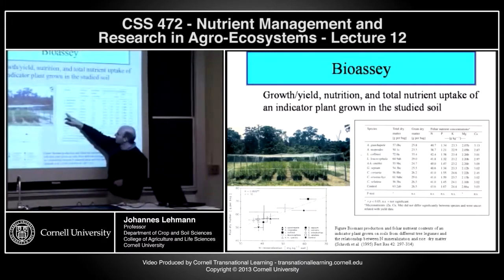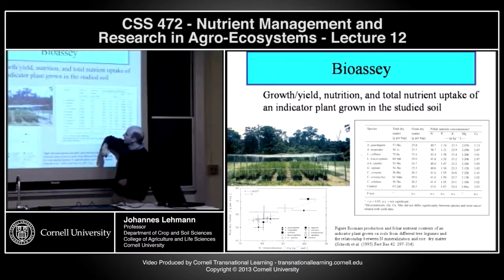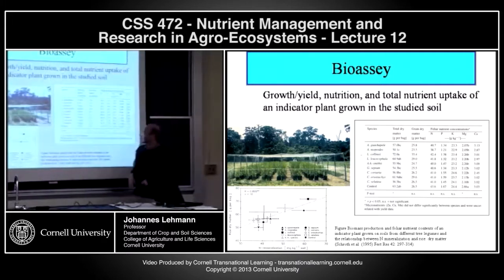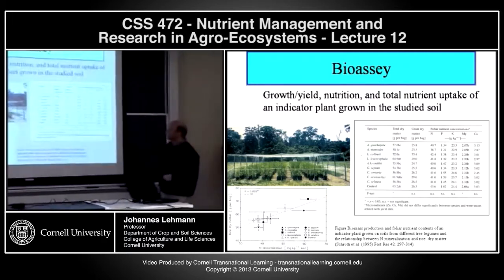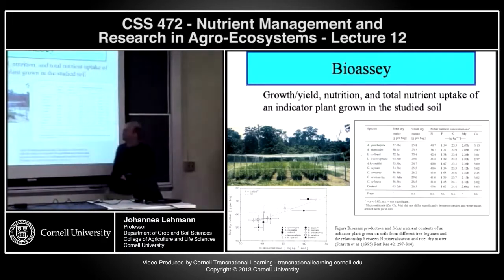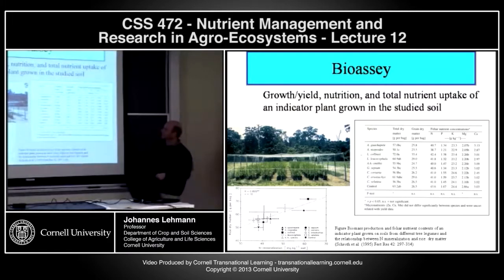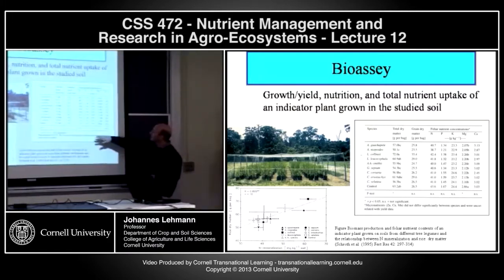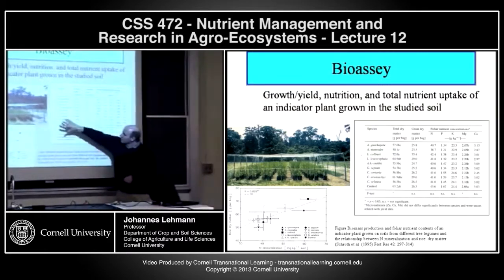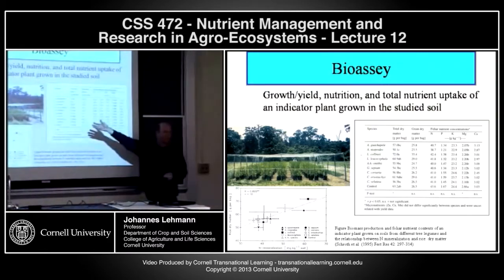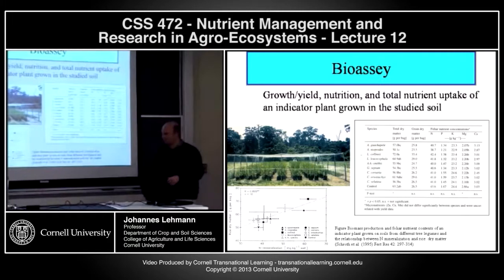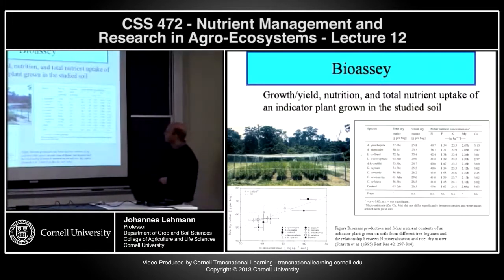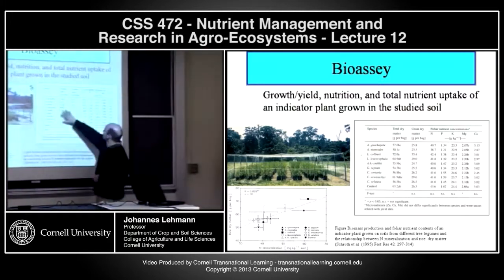You might have heard about Gliricidia sepium. You probably have heard about Leucaena leucocephala. Albizia guachapele is an important tree in Western Africa. And then you can crop, for instance, an indicator crop here. They just used rice to look at the growth and the mineral nutrition.